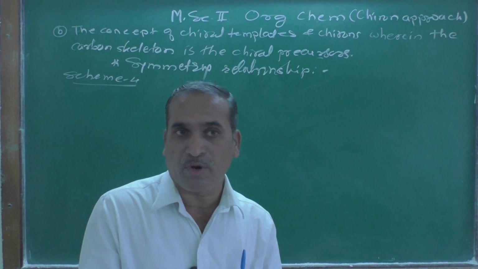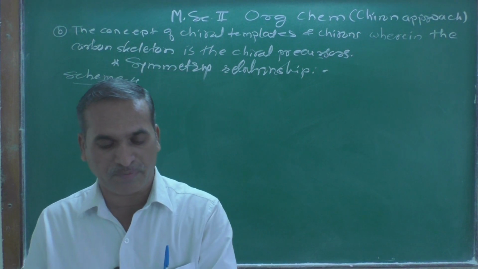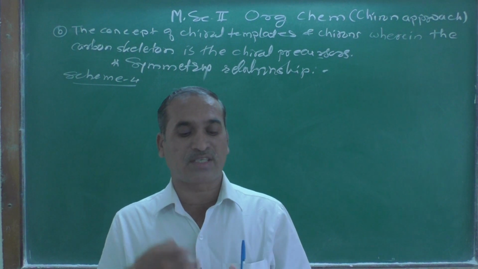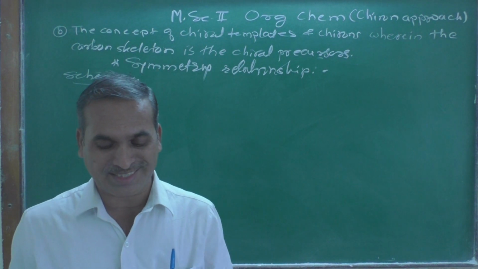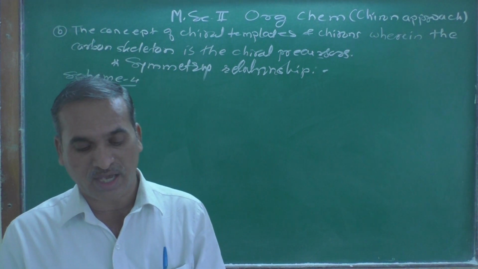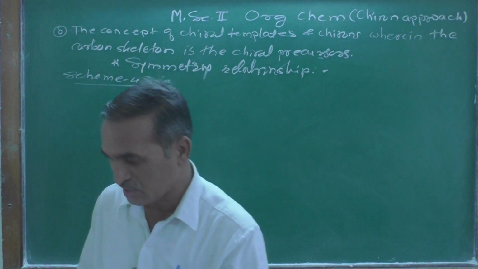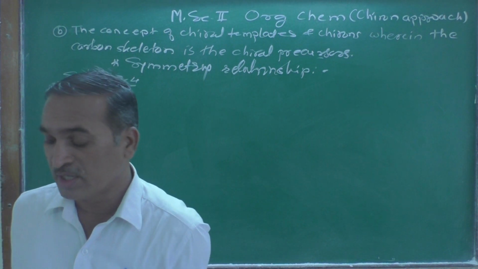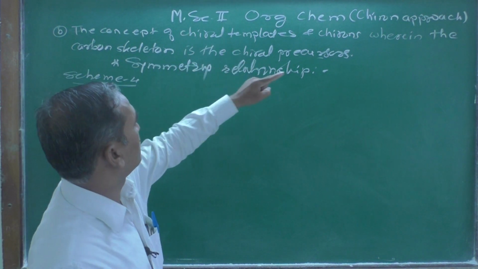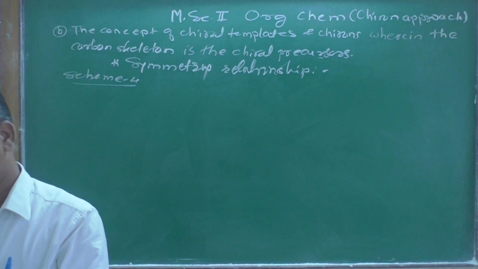For example, carbohydrates, amino acids, hydroxy acids, terpenes, and these give rise to an excellent computer assisted synthesis program that recognizes these chirons in a complex molecule and suggests synthetic routes. So that is all about these chirons, because in this chiral template, chirons and chiral precursors, that is the concept we are trying to explain.